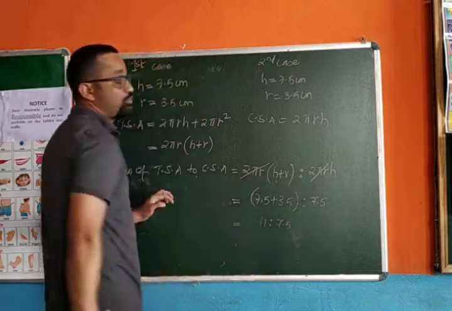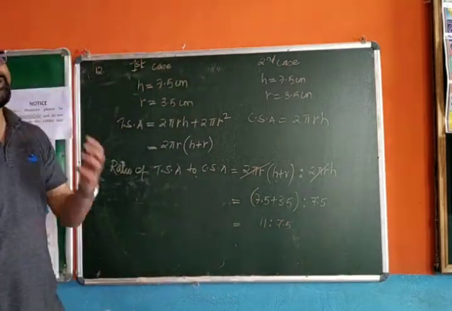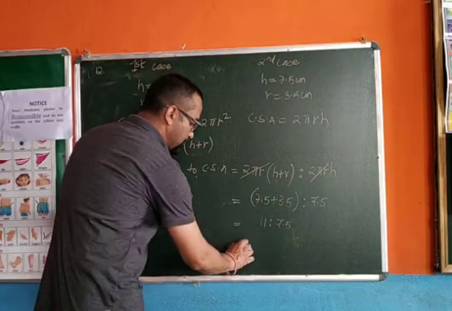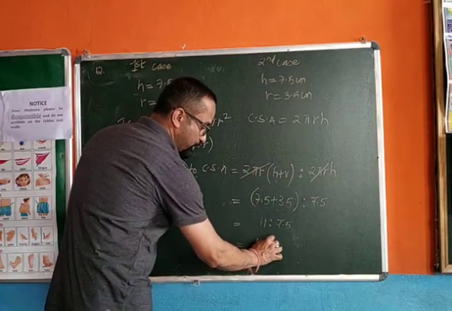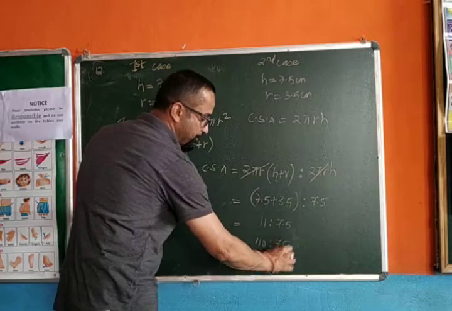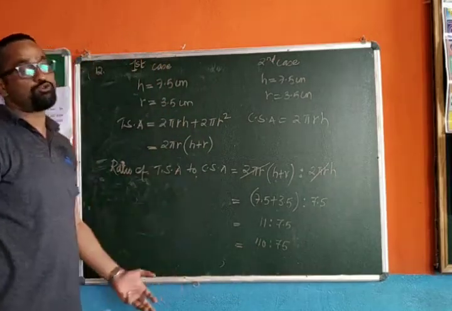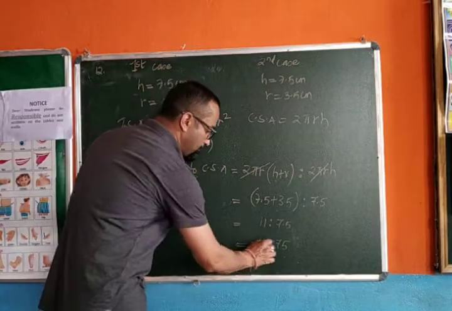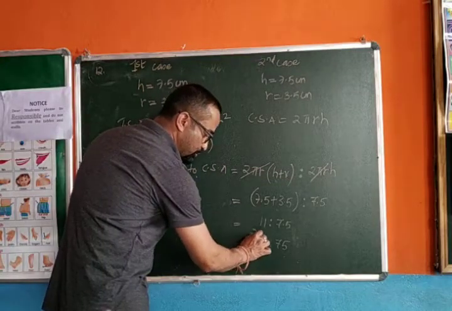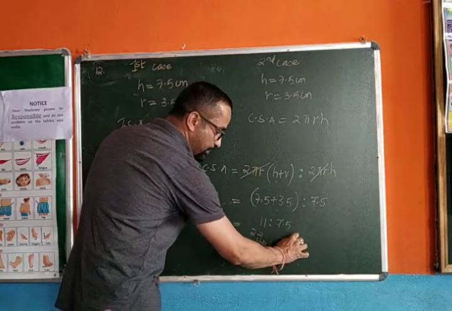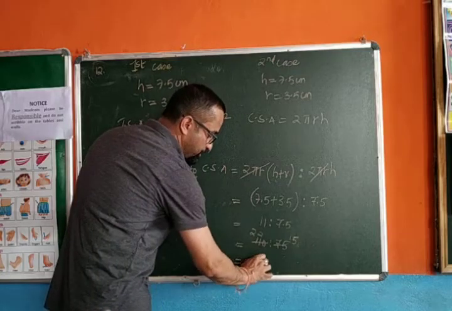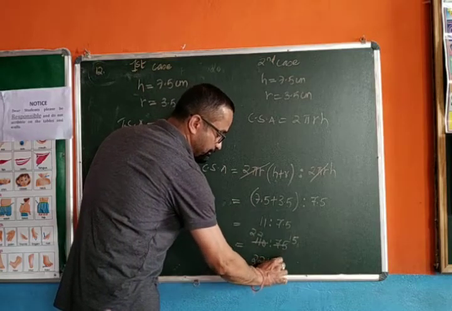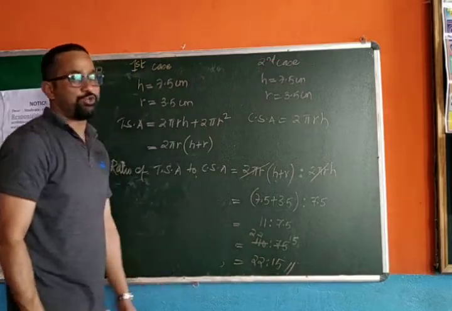You should not leave ratios in decimal. So it is 110 is to 75. You have to reduce it because both are divisible by 5. 5 2 times, 5 22 times... it is 22 is to 15. Ratio.